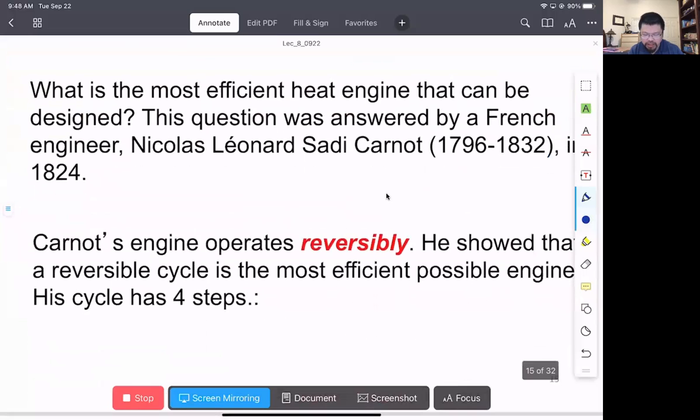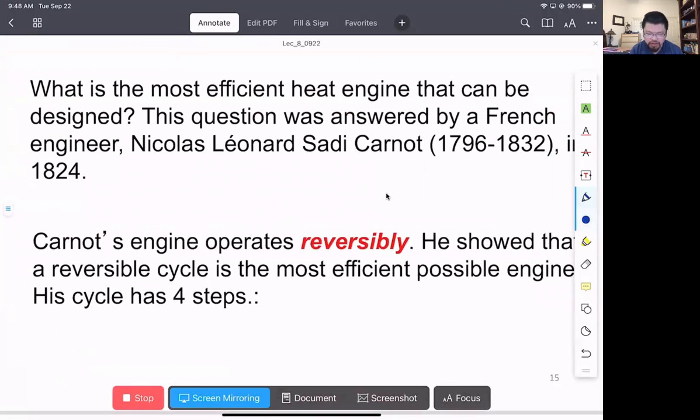So the question Carnot was thinking about was simply this one. He was trying to understand what would be the maximum efficiency if we design the heat engine. The heat engine is where we use heat as input, and then we try to have the work output. So what would be the maximum efficiency?